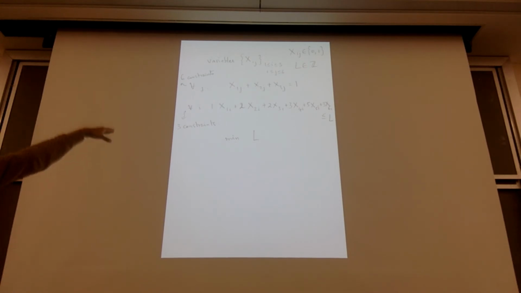So suppose you have an oracle that can solve any optimization problem. You just give the oracle this objective and this set of constraints, and it solves the optimization problem. Now you can observe that any solution to this can be interpreted as a solution to the scheduling problem.